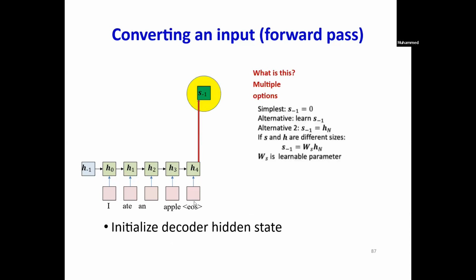And then you initialize your hidden states in the output layer, and that will also be a recurrent neural network. You can initialize the hidden state in the output as 0, or you can learn it. Another alternative is to just take the final hidden state in your input sequence as the initial hidden state in your output sequence.